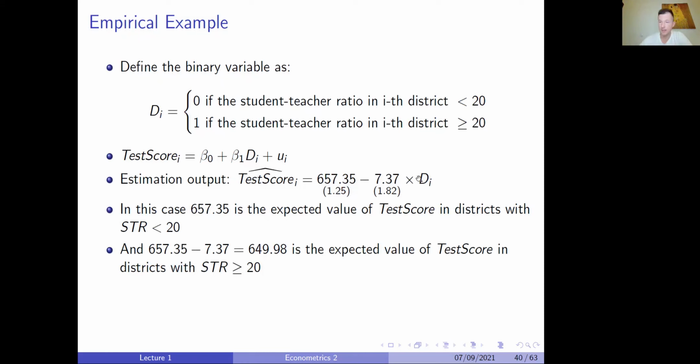And if d equals 1, then 657.35 minus 7.37 gives us a slightly lower number, 649.98, which is the expected value of a test score in districts with large classes, where the student-teacher ratio is greater than 20.